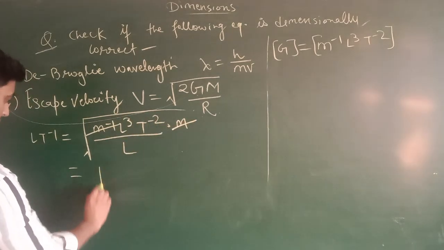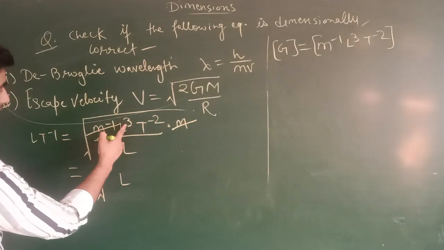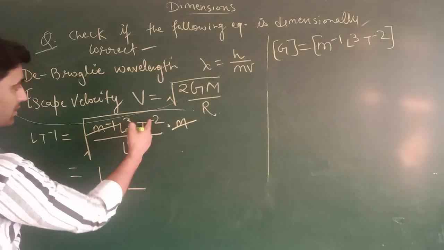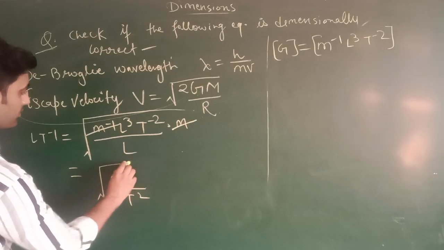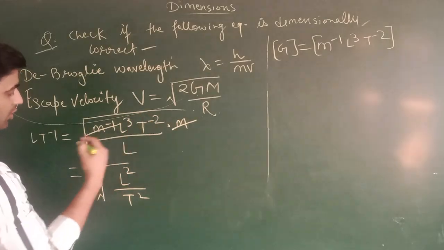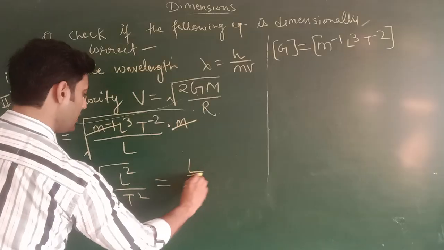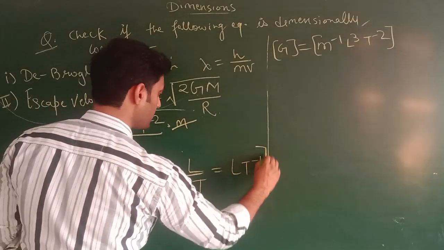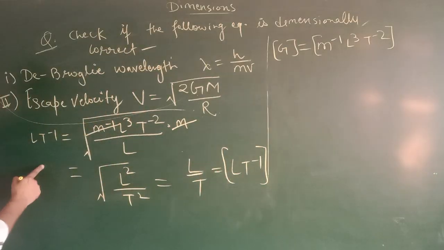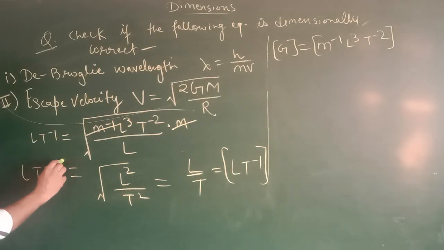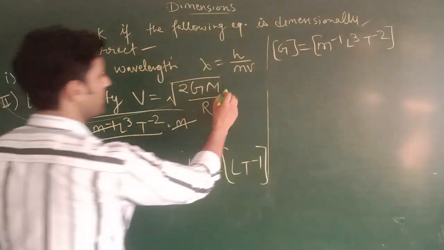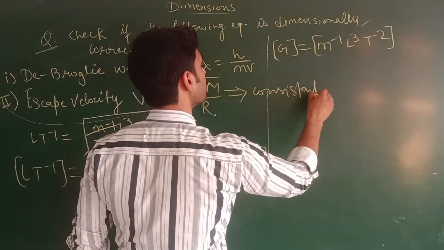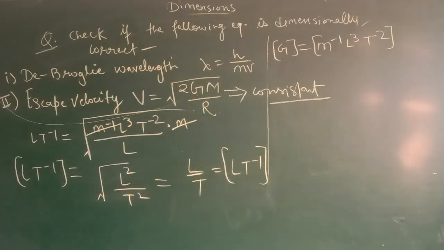Now I have L to the power 3 divided by L. So L square divided by T to the power 2. I shifted this T to the power minus 2 in the denominator. So this becomes L by T. That is nothing but LT^-1. So LT^-1, and here also I have LT^-1 on the left side. So this given equation is again consistent.